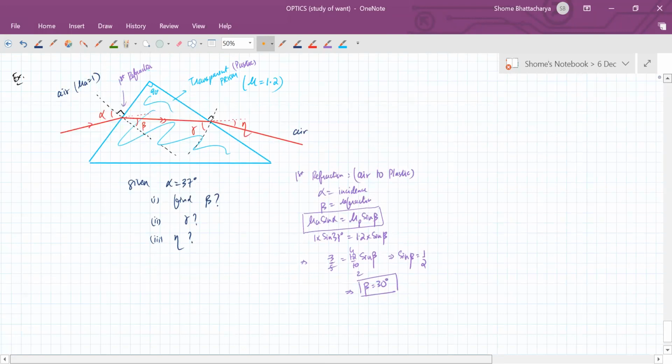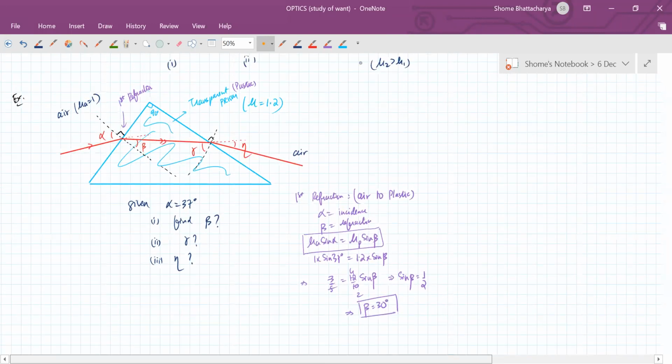Now, how will we find gamma? Gamma we'll have to find by geometry, okay? Because it's still inside the plastic only, after this. So there is no further refraction happening till we come to this relationship between gamma and eta. That is the second refraction. So for the second refraction, we'll have a separate formula, but we need the value of gamma for that first. It is from plastic to air, okay?